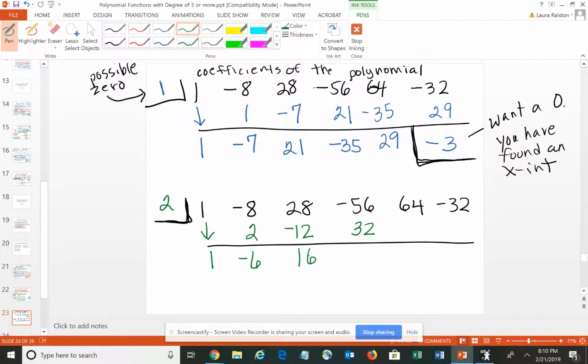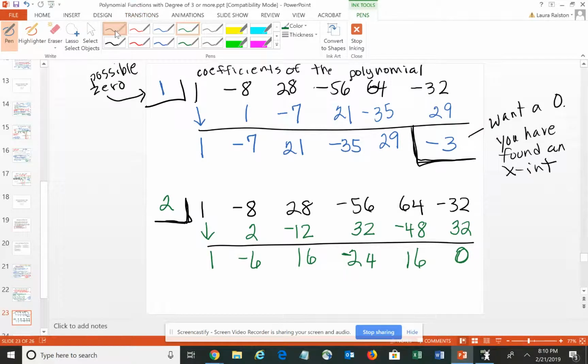Negative 56 plus 32 is negative 24. Negative 24 times 2 is negative 48, plus 64 is positive 16, times 2 is 32, which gives me 0.